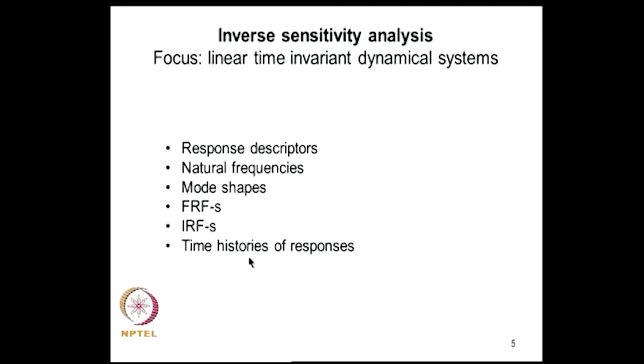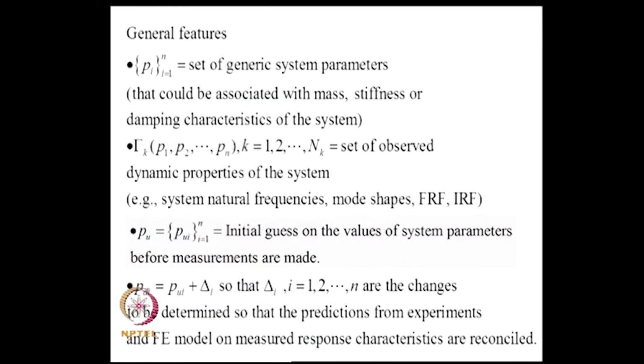When we talk about inverse sensitivity analysis, it is basically inverse response sensitivity analysis. So, we consider various response descriptors like natural frequencies, mode shapes, frequency response functions, impulse response functions, time histories of responses under measured or unmeasured applied loads. So, the general features of inverse sensitivity methods are as follows. We have a set of n generic system parameters.